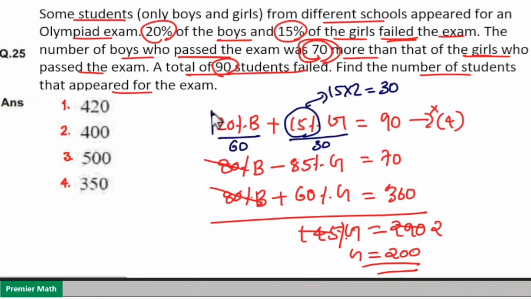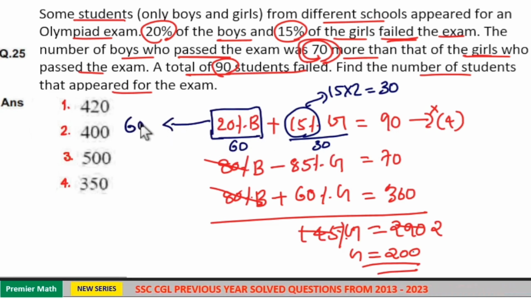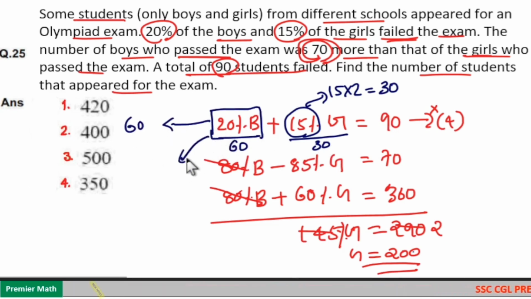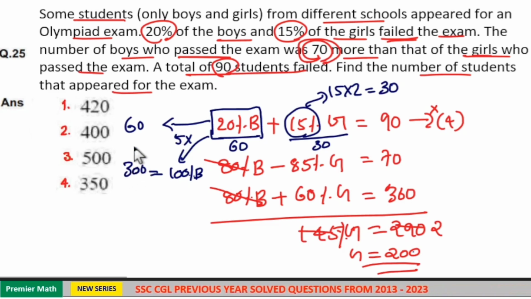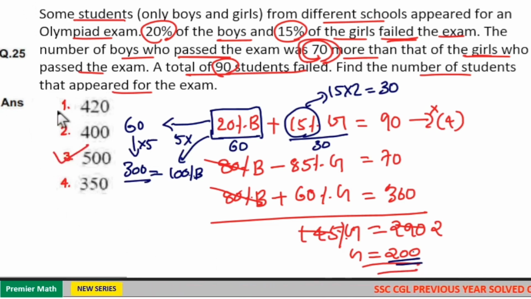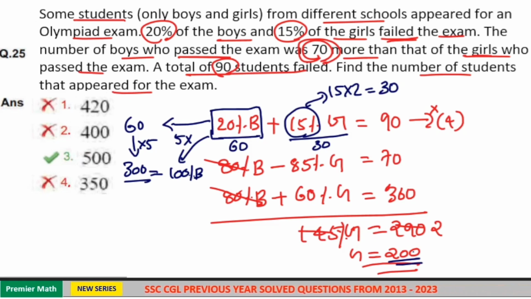If 20% boys is 60, then 20 into 5 is equal to 100% boys. So total number of boys should be 60 into 5, 300. So 300 plus 200 is 500. Option 3 is your answer. That is total number of students is 500.